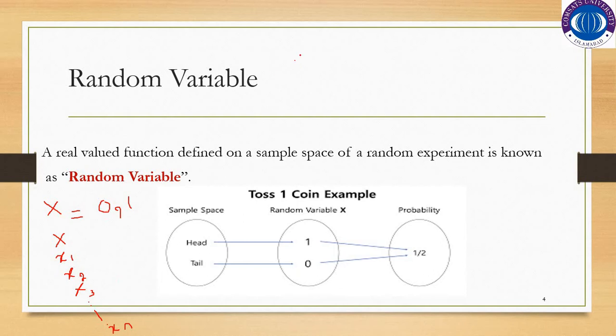Small x1 is equal to 0 and small x2 is equal to 1. So this is the random variable X possessing two values, 0 and 1. What we have done, we simply associate the real valued function X with the sample space of a random experiment.